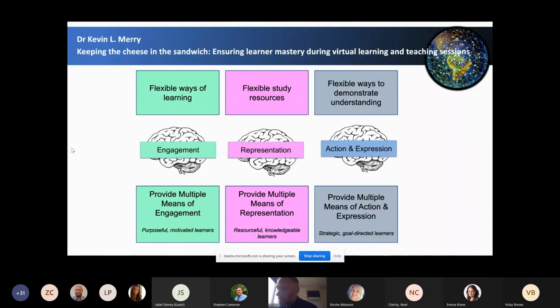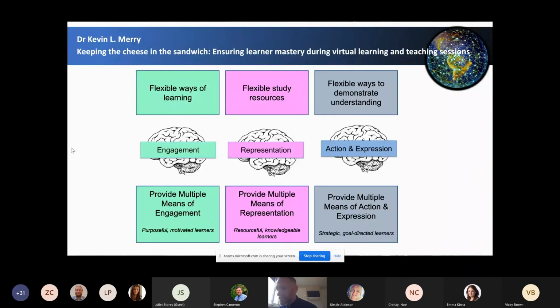The idea is that we can better support learners to become expert learners if we provide options across these three principles. An expert learner in the UDL sense is a learner that is not only able to master learning content, but also able to recognize how they personally approach that mastery.